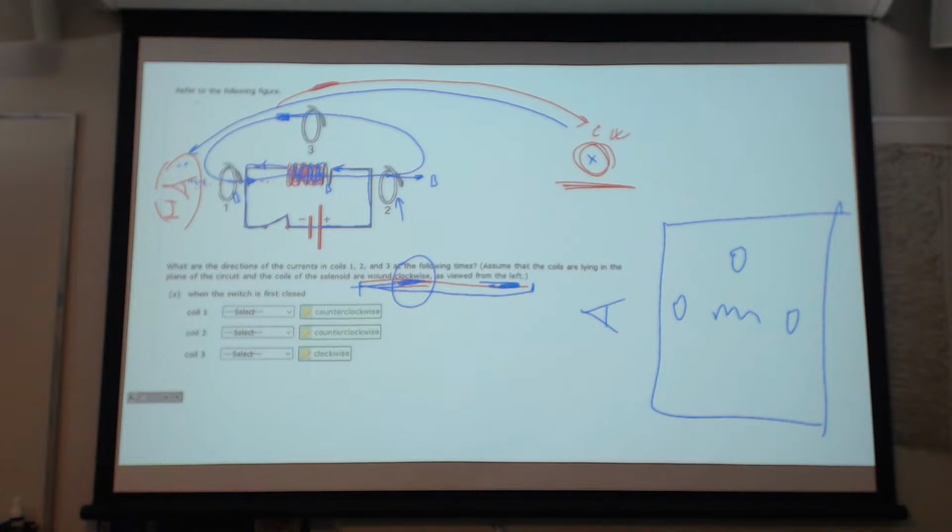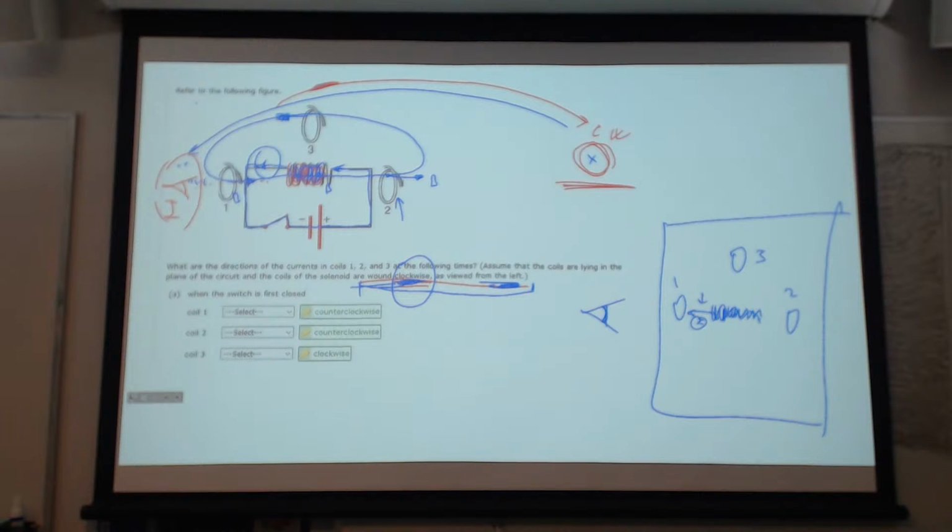So here, for this part of the wiring, you could say that right here, electric current points at the observer on the left. You could say that, but it doesn't matter. What matters is the direction of the current inside the solenoid, because the solenoid creates a magnetic field strong enough to affect all three coils, 1, 2, and 3.